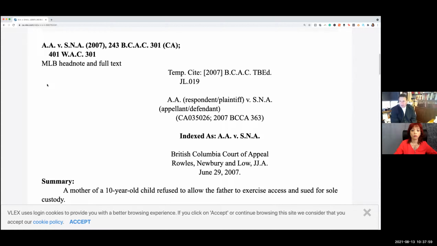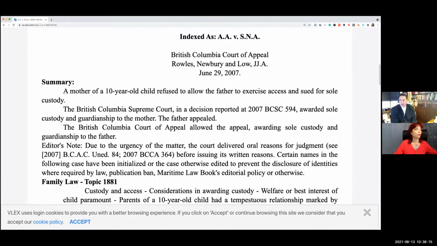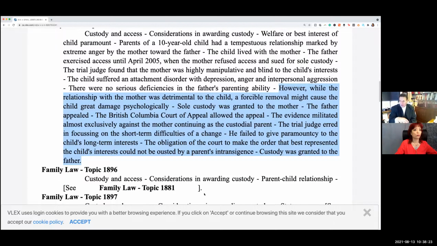So there's no deference to the trial judge to place too much emphasis on the anticipated short-term risk of upset to the child at the expense of the evidence-based concerns about the long-term impact on a child of losing a parent. It is only this temporary reversal of custody that gives the child the chance to have two parents in the child's life. Okay?